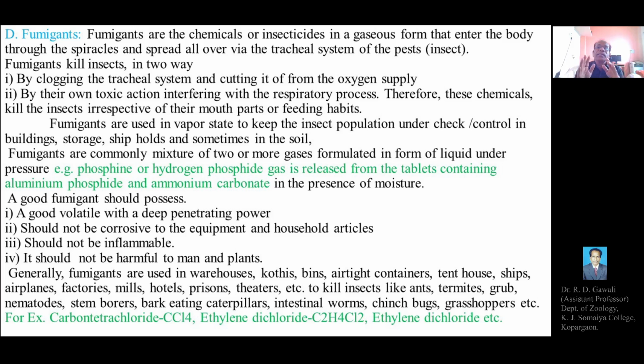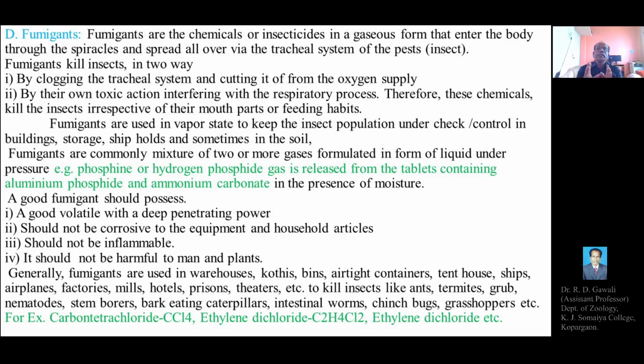When these gases enter the respiratory system of the insect pest, they produce a toxic effect and kill the pest, as the vapors enter the body of the insect through the respiratory tract, the spiracles or the tracheal system, leading to its death.